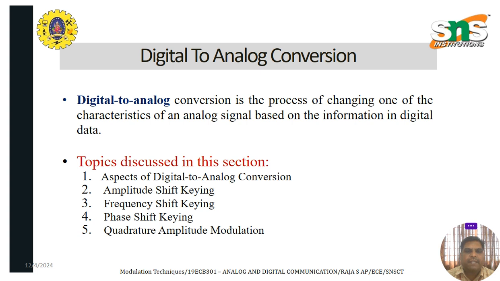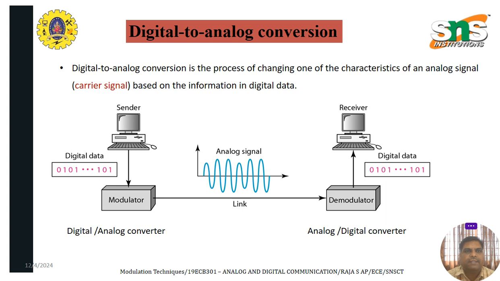So in this PPT or YouTube video, I will discuss the following sections. Why we go for digital to analog conversion, what is meant by amplitude shift keying and the representation method, what is meant by frequency shift keying and the representation method, finally the phase shift keying representation, and I will give some basics of QAM, that is quadrature amplitude modulation.